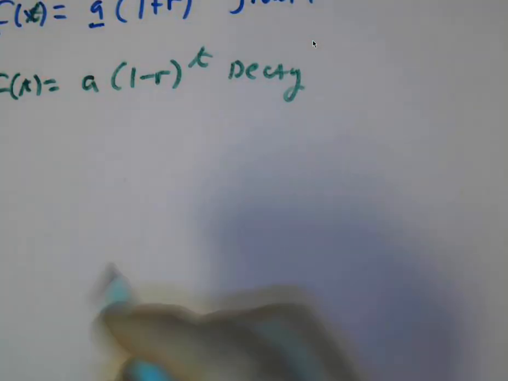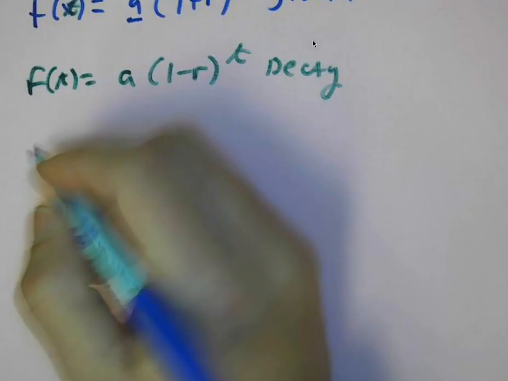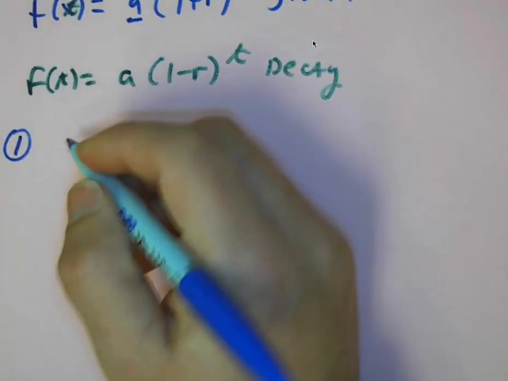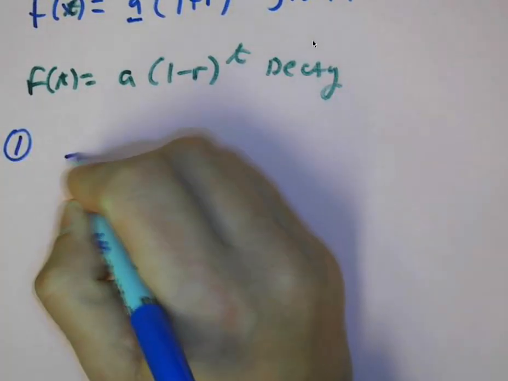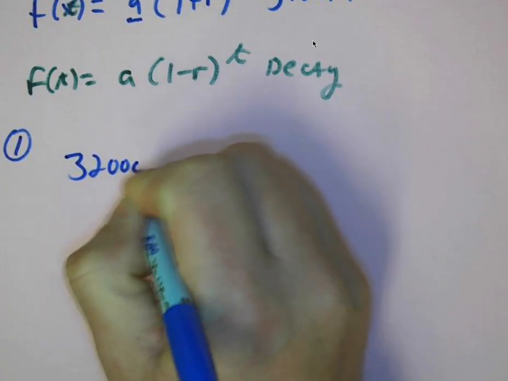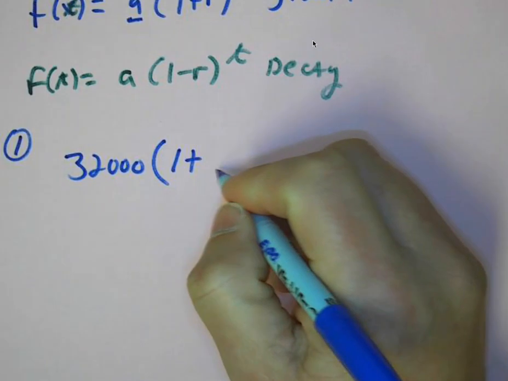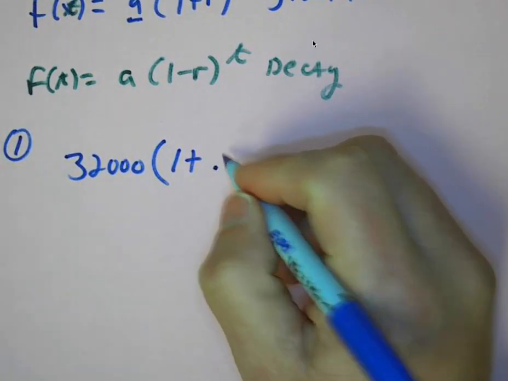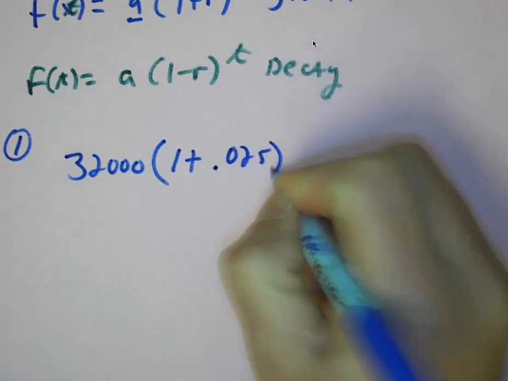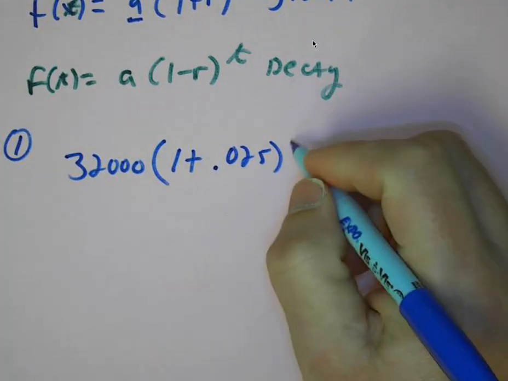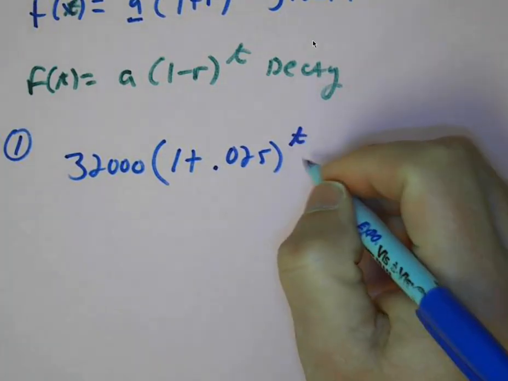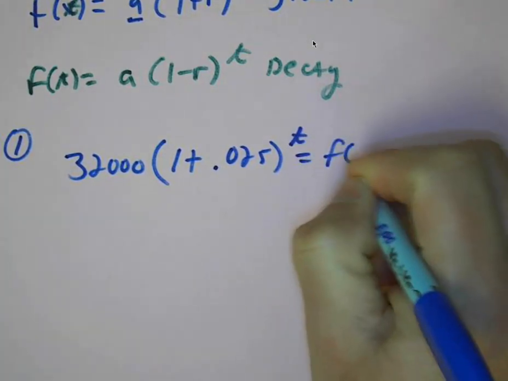With this, for problem number one, Brooke's initial salary is 32,000, so I'm putting that in for a. And then I'm going to go 1 plus an increase of 0.025 because it's 2.5% per year. I'm going to take that to the t, and that's going to equal my function.